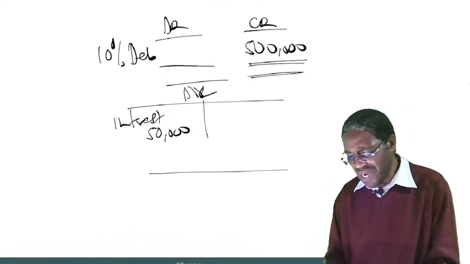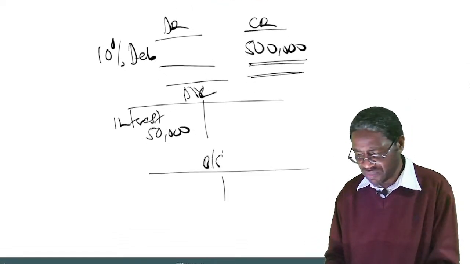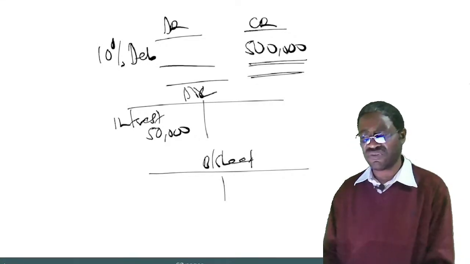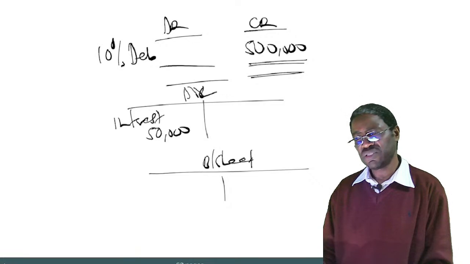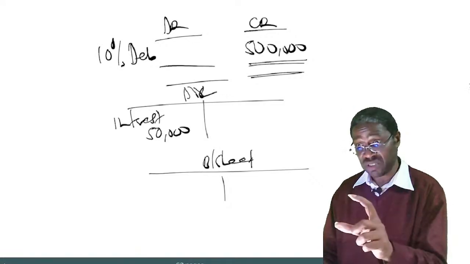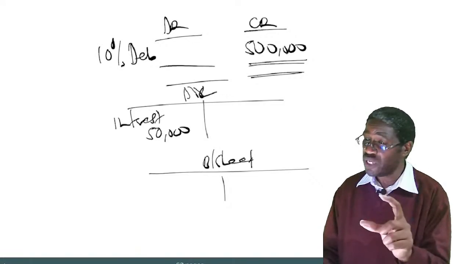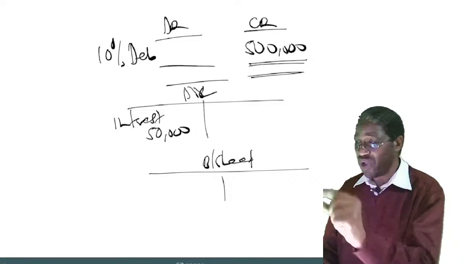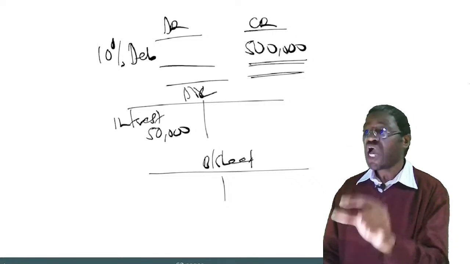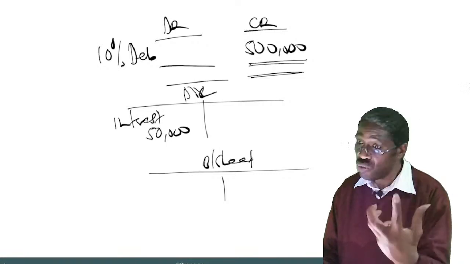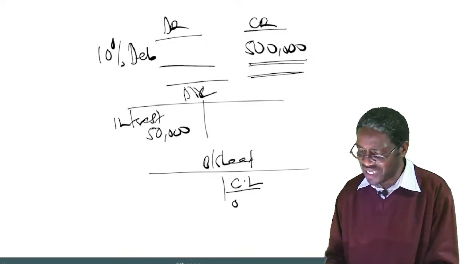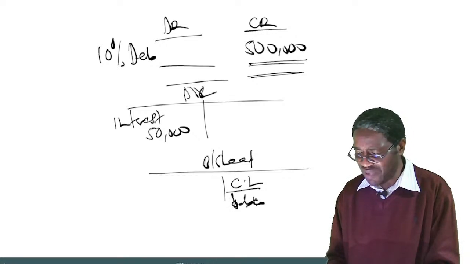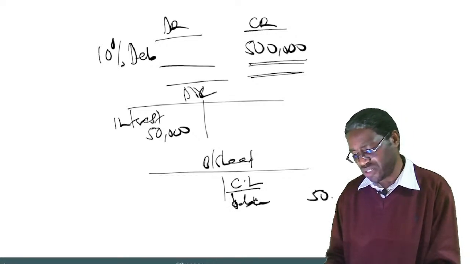When I'm doing the balance sheet for this company, then I have to ask myself, do I owe the debenture holders anything? The answer is yes. How much am I supposed to pay them? 10% of 500, 50. Have I paid them? No. So that same 50 will go to the balance sheet again as a current liability for debenture interest, 50.